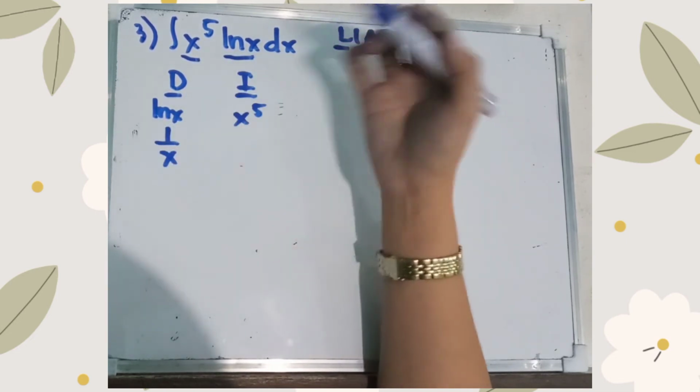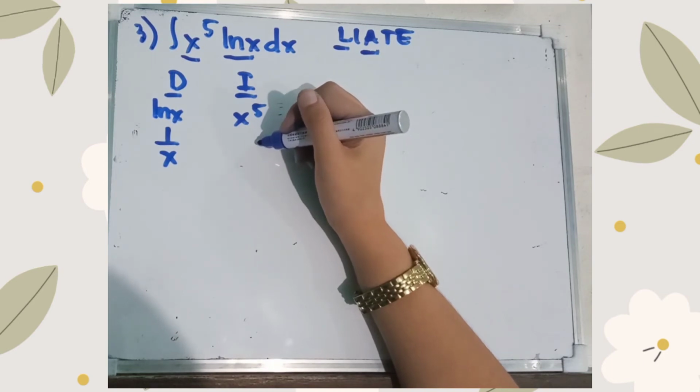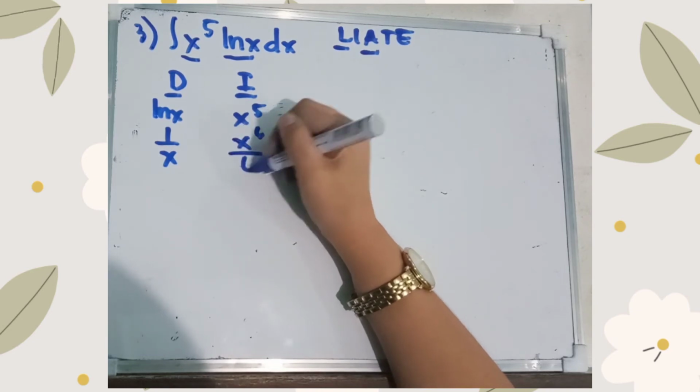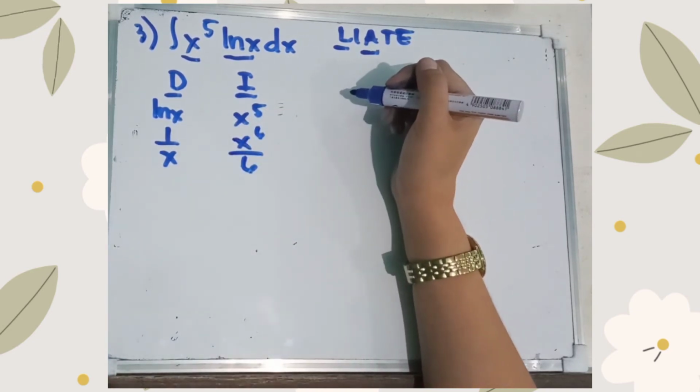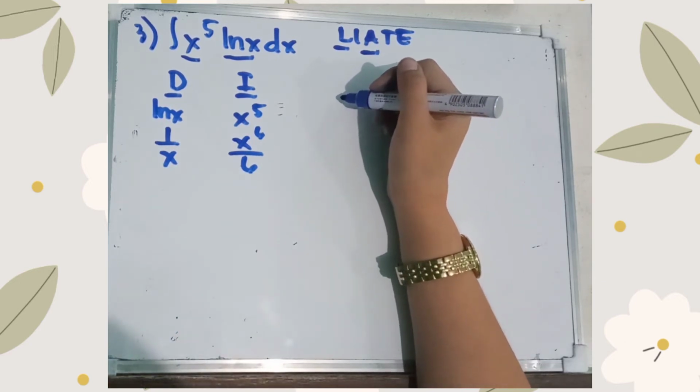So we stop there. And for the integral of this one, using the power rule, that's x to the 6th power over 6. So actually, we can't apply the tabular method here.